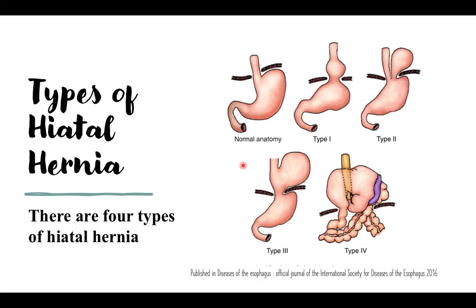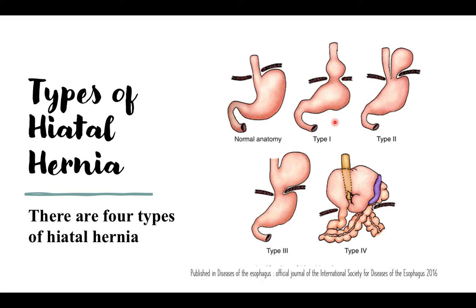Now we come to the types of hiatal hernia. Broadly, we divide hiatal hernia into two. One is type 1, also called sliding hernia.